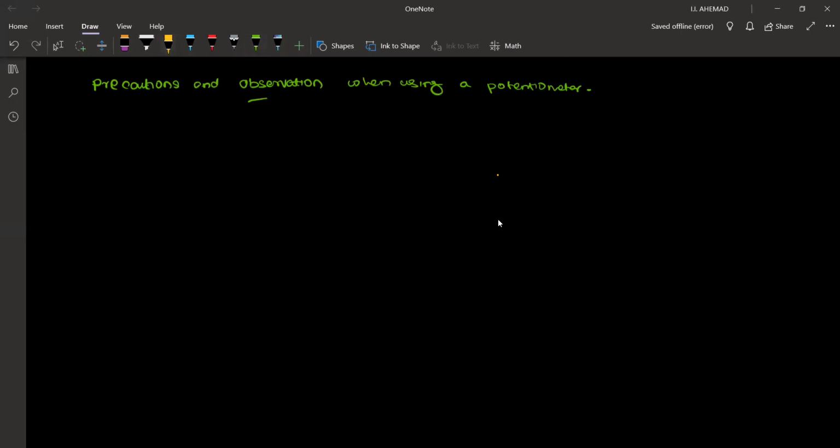So let's draw a simple diagram of a potentiometer.